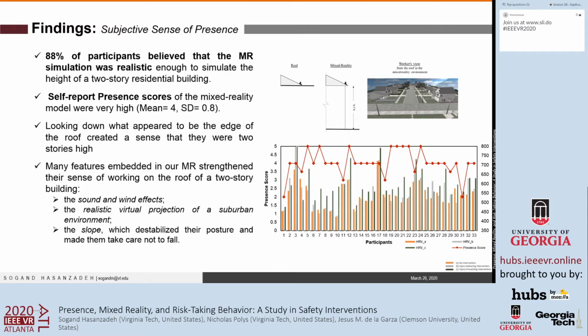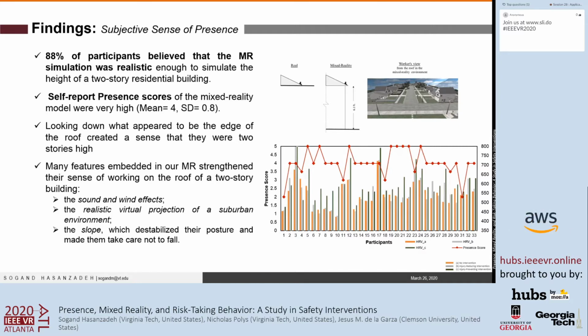The results from the self-report presence question showed that 88% of the participants believed that the mixed reality simulation was realistic enough to simulate the height of the two-story residential building. As you can see on the graph on the right-hand side, the vertical axis on the left shows the presence score, and the self-report presence scores were pretty high for all the participants.